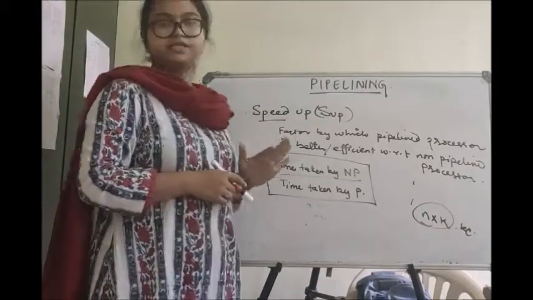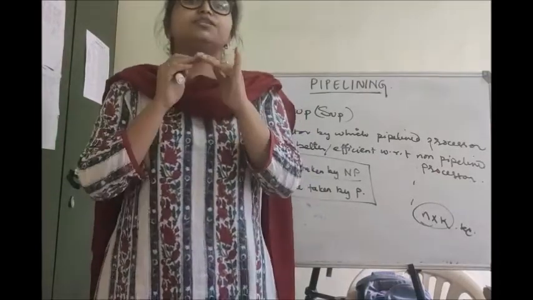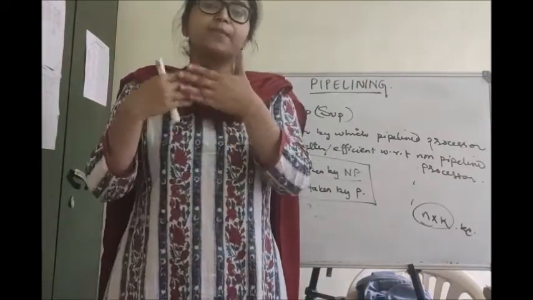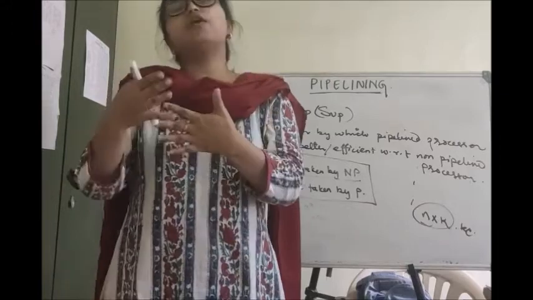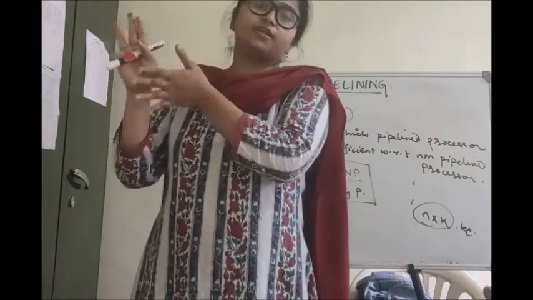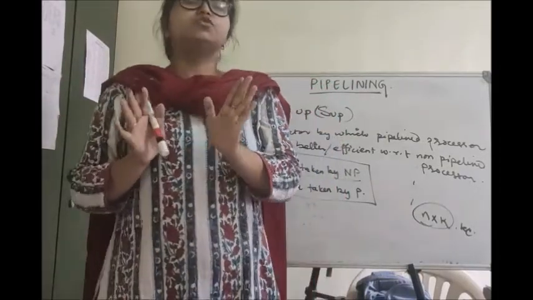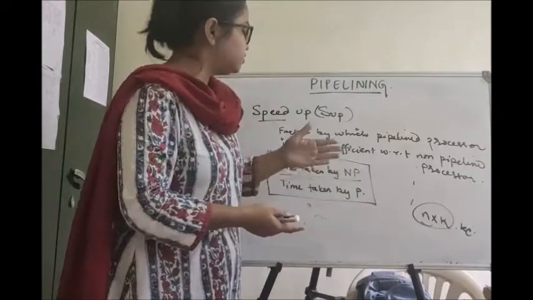So what does speed up say? To be crystal clear, speed up is the measure of by what amount the pipeline structure is performing better than the non-pipeline structure. Clear? In mathematics it's very simple.